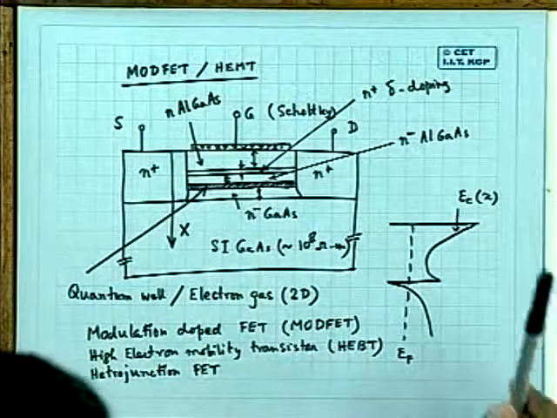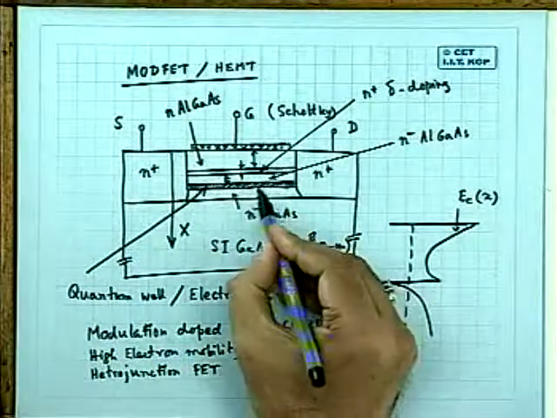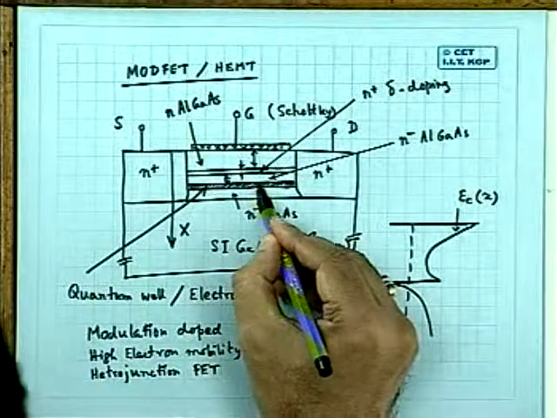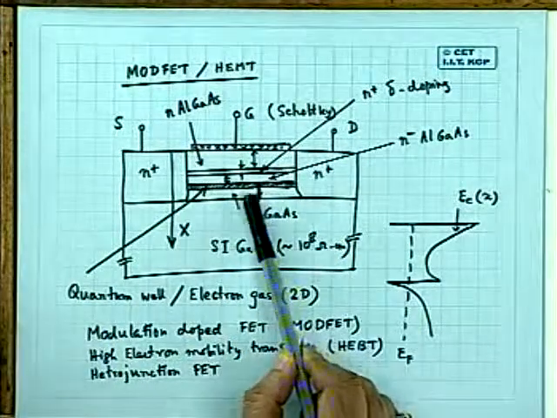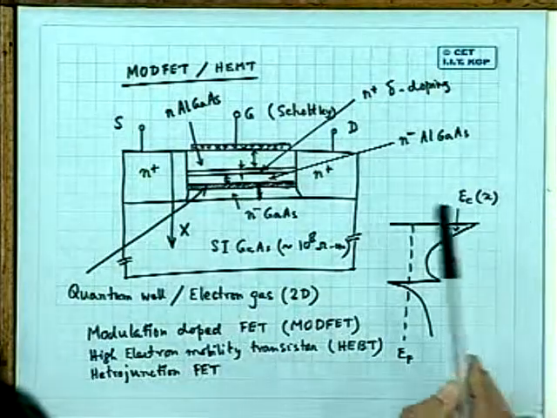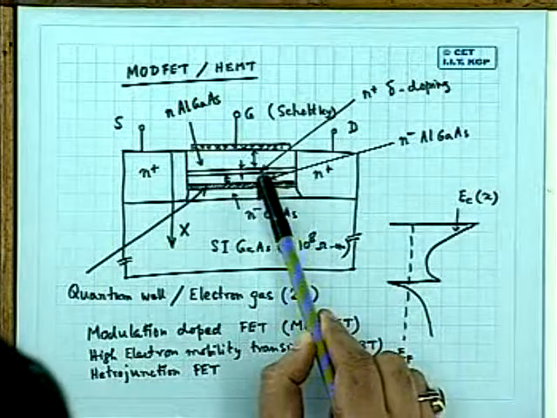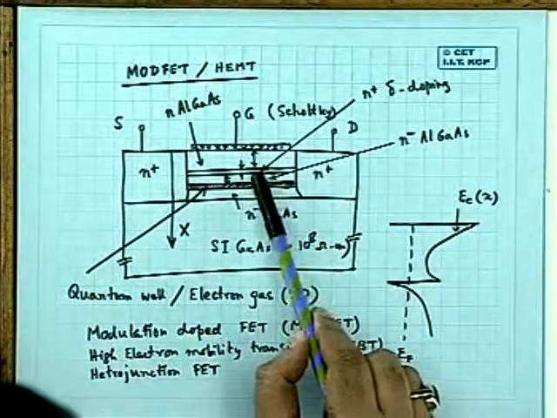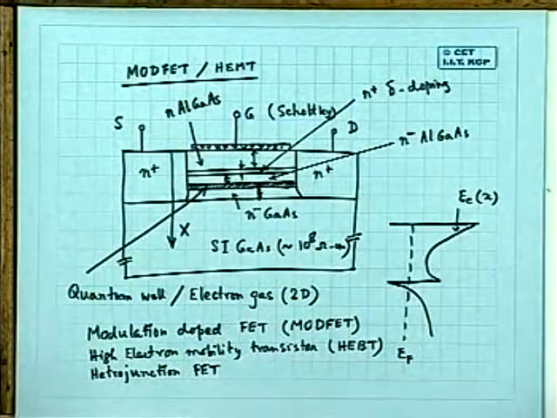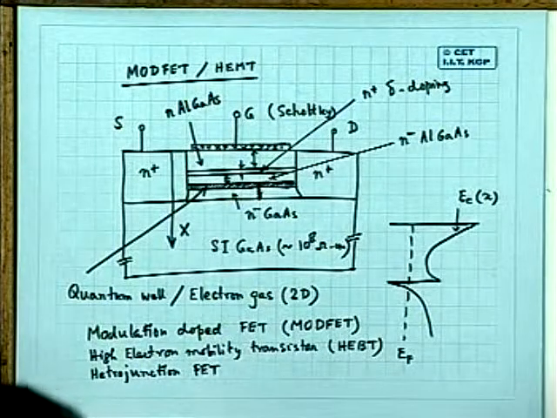So I am repeating, the thickness of this N- gallium arsenide layer is around 300 angstrom. The thickness of this very low doped aluminum gallium arsenide region is around 100 to 200 angstrom.